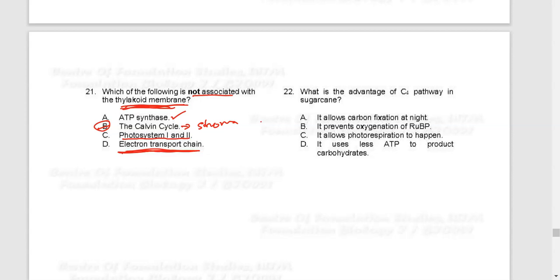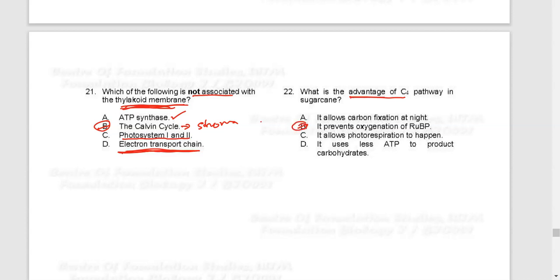Question number 22. What is the advantage of C4 plants such as sugar cane? It is to prevent oxygenation of RUBP.